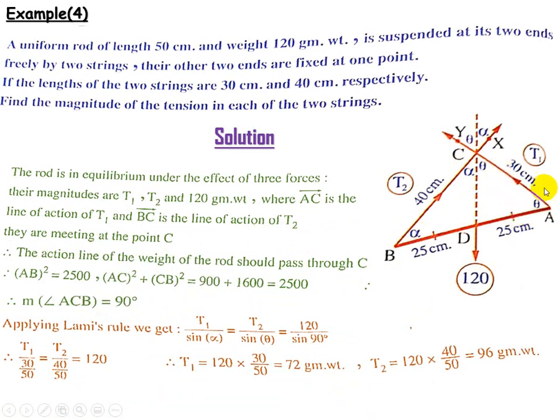Applying Lami's rule, T1 over sine alpha, T2 over sine theta, and 120 over sine 90. Sine alpha equals opposite 30 over hypotenuse 50. Sine theta equals opposite 40 over hypotenuse 50. Using cross multiplication, we have T1 equals 72 gram weight, T2 equals 96 gram weight.